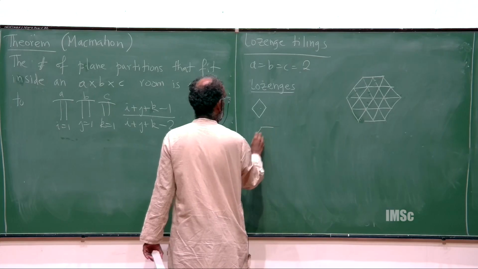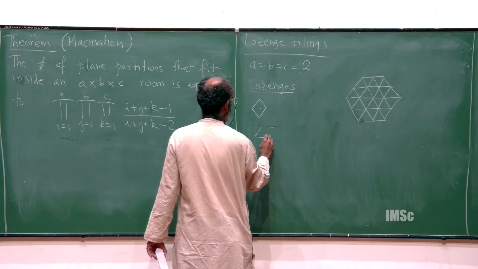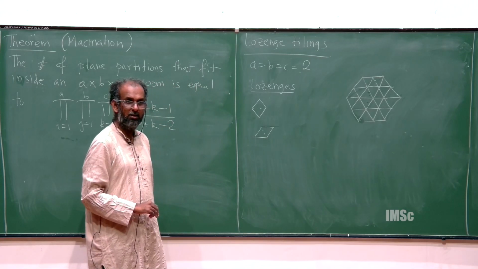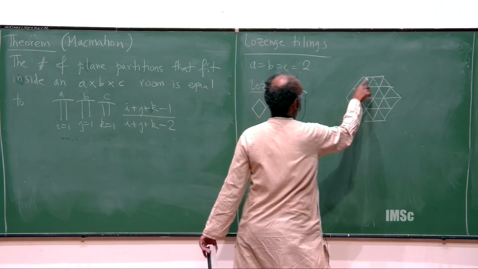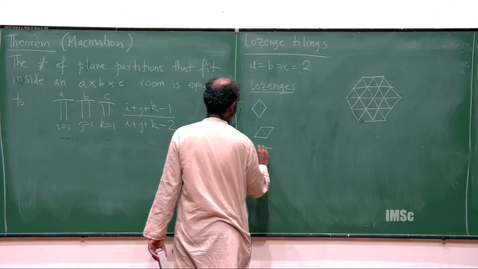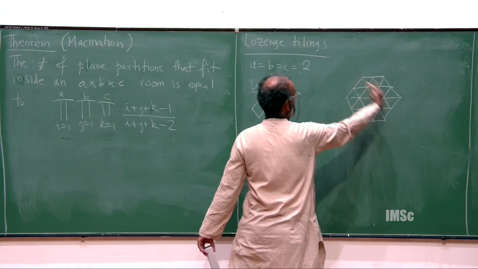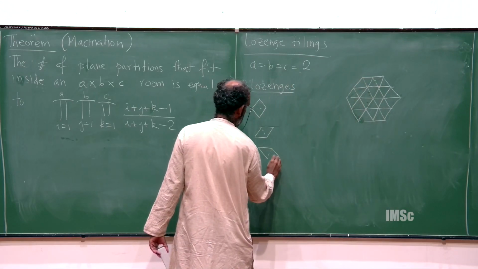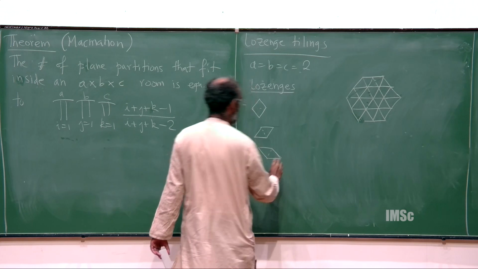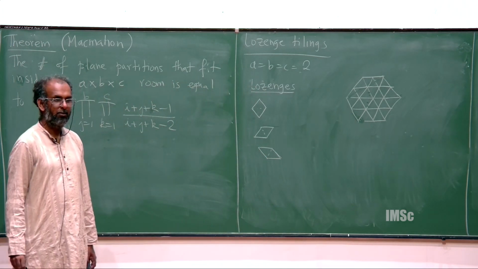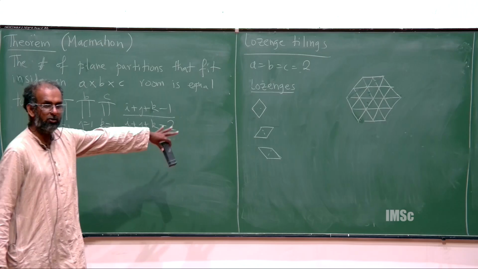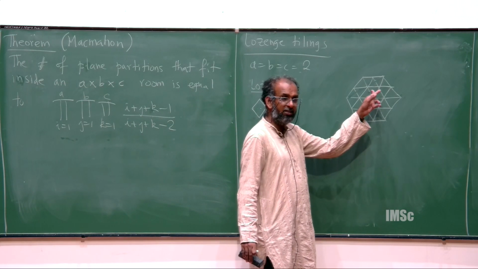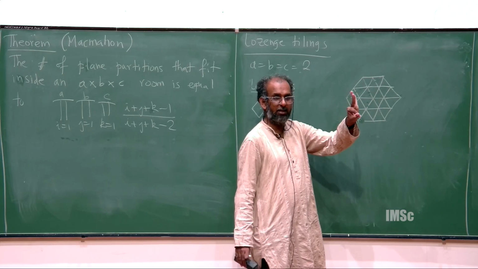There's one like that, do you see that in your figure, like here? And then you have the lozenge which is a rhombus in the other direction. Okay, is this okay? So there are only 3 kinds of lozenges because every triangle is adjacent to 3 triangles.